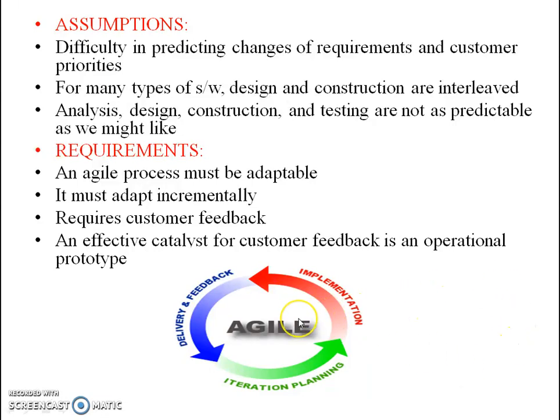So here the process goes like this. The developer takes the user requirements, implements the product, and then delivers the product and takes the feedback from the customer. And then if any feedback is given, adding new requirements, then iteration planning is done again, and then implementation process is done, and delivers the product and takes the feedback. And so the process goes on until you get the final required product.